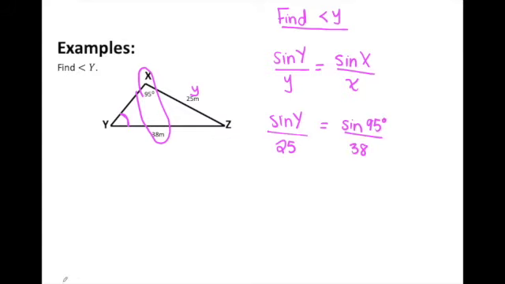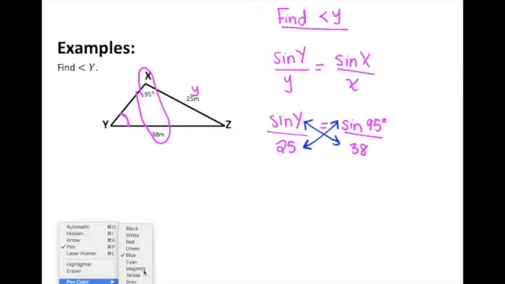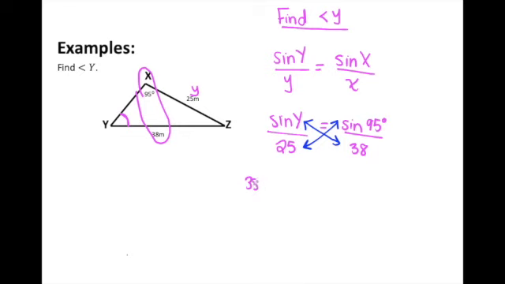And then you're going to simply cross multiply again. This time it's going to look a little bit different after you've cross multiplied. So you're going to get 38 sine y is equal to 25 sine 95.